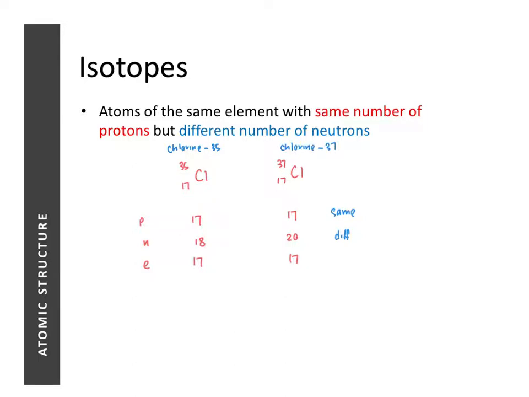Now based on the fact that they have different numbers of neutrons, and we know that neutrons and protons contribute to the mass of the atoms, it means that isotopes will have different masses. Atoms of the same element, but their isotopes will have different masses, and the mass of an atom can affect what we call the physical properties, like melting point and boiling point.